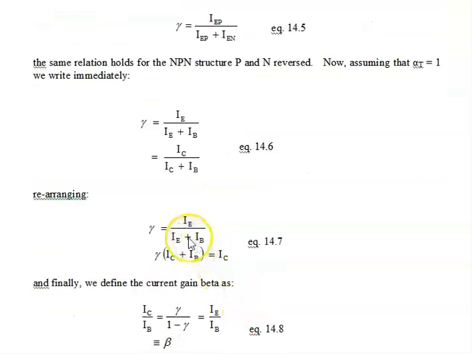And we can simply rearrange that in equation 14.7. And finally, we find the ratio of IC over IB just by collecting all the ICs in one place, and that is equal to gamma divided by 1 minus gamma, and that is defined as the beta.